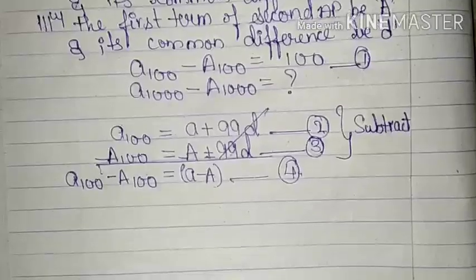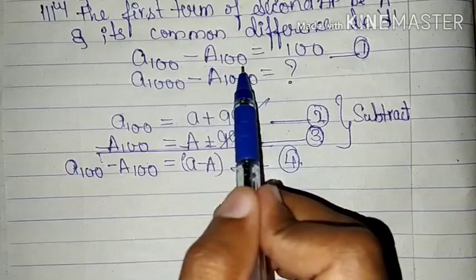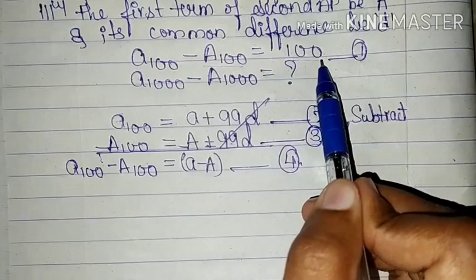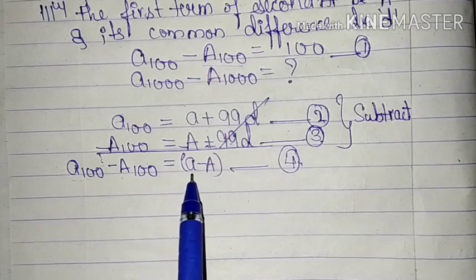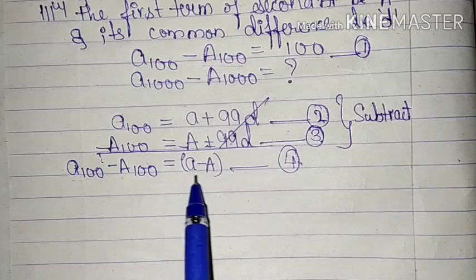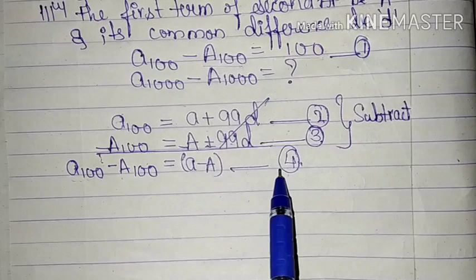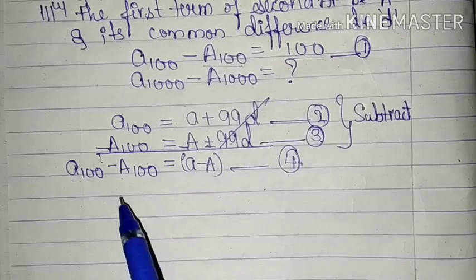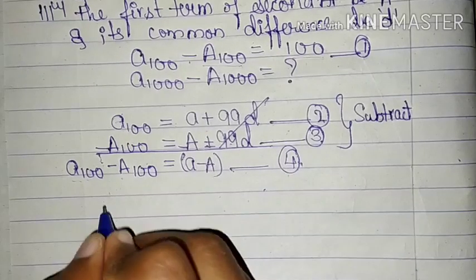Now look here. In the first equation we had a100 minus capital A100 is 100, and from subtraction we got a100 minus capital A100 is a minus capital A. That is our fourth equation. Now I can equate equations 1 and 4 because the LHS of both these equations are the same.